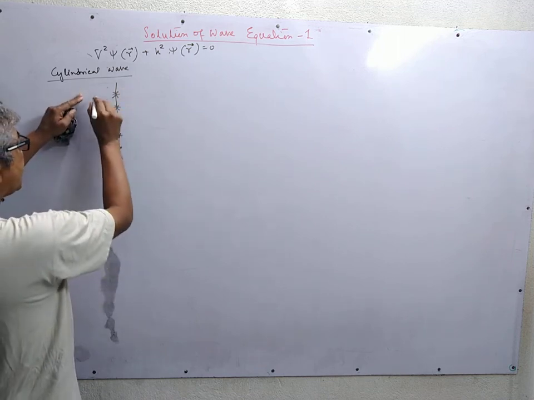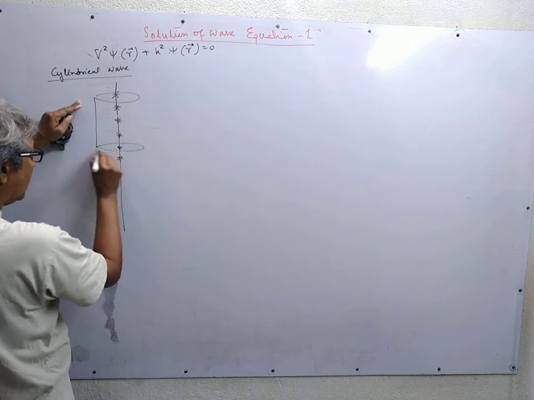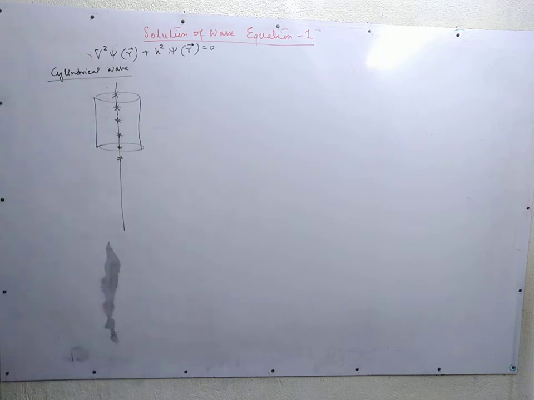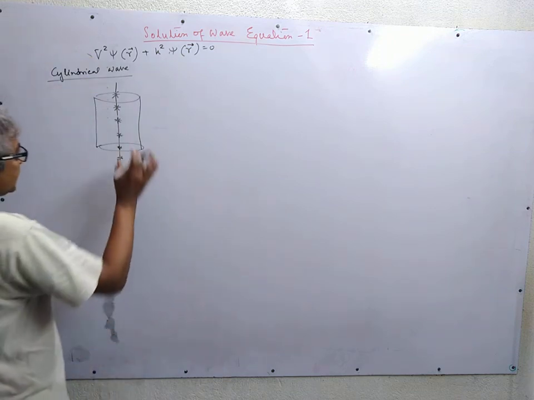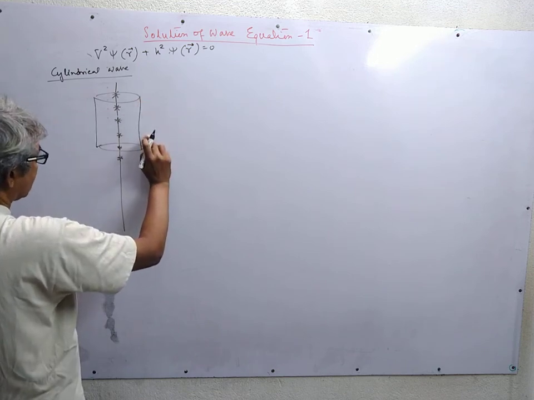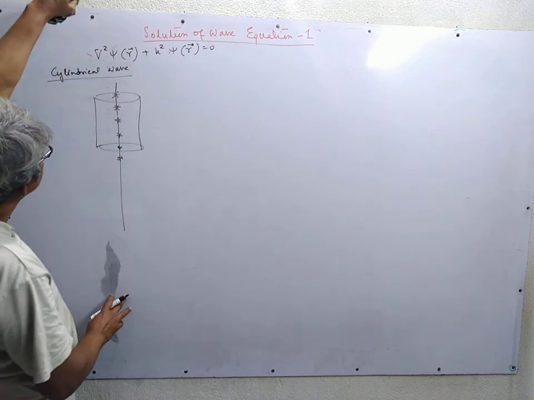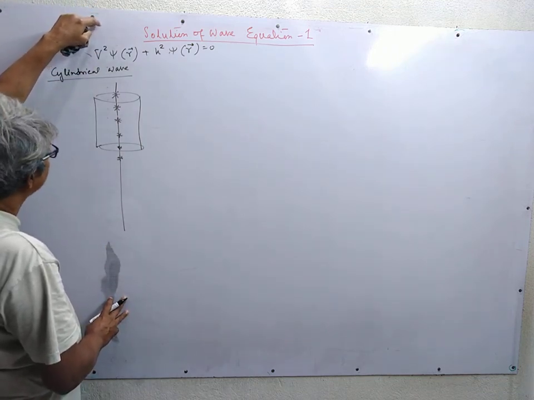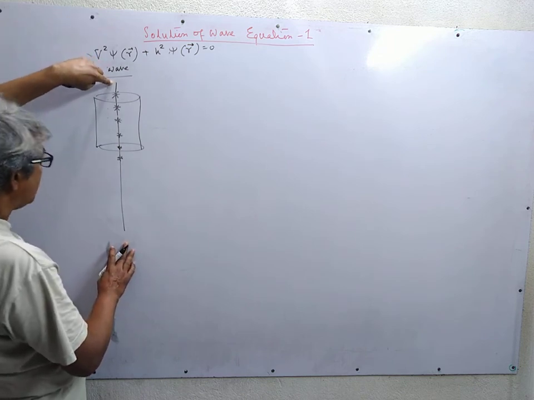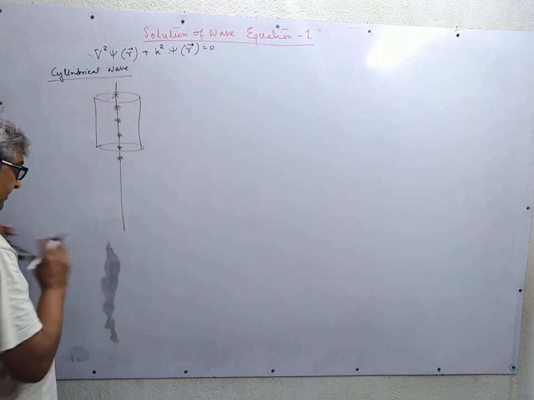Obviously, if we consider a cylinder whose axis is the source line, then we will have the same phase at every point on the curved surface of the cylinder, and one has to assume that this length is very high, so there is no end effect. That is, the length of this axis must be much greater than the radius.